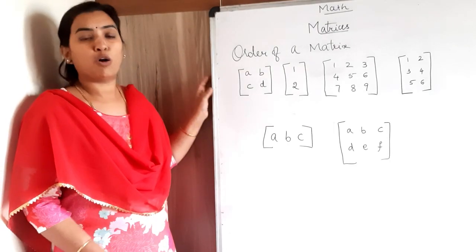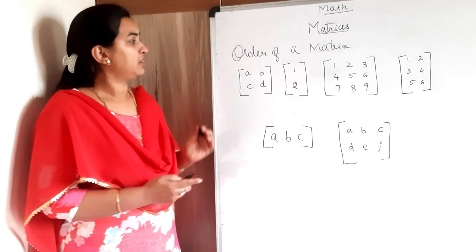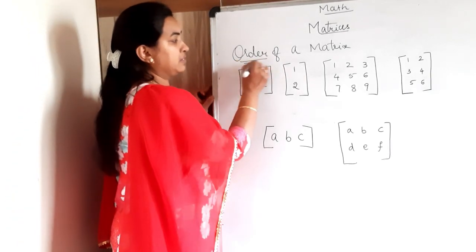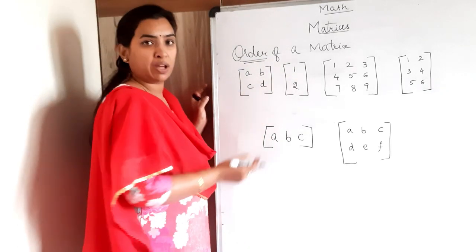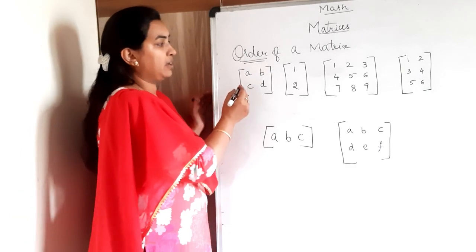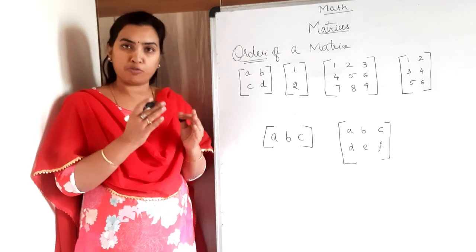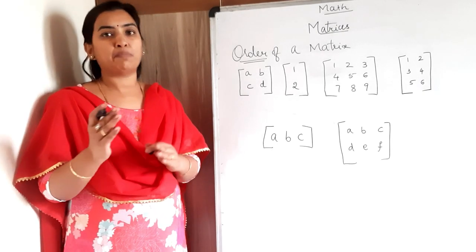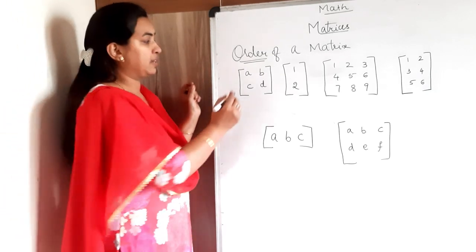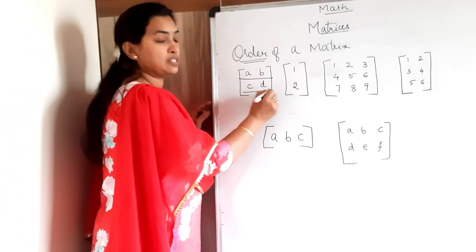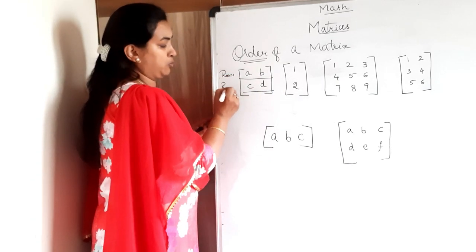Now let us learn how to find the order of a matrix. This is very important. In order to find the order of a matrix, I have taken a few examples. In order to write down the order of a matrix, first we need to write down the number of rows into the number of columns. Okay. So in the first example, there are two rows, row 1, row 2.